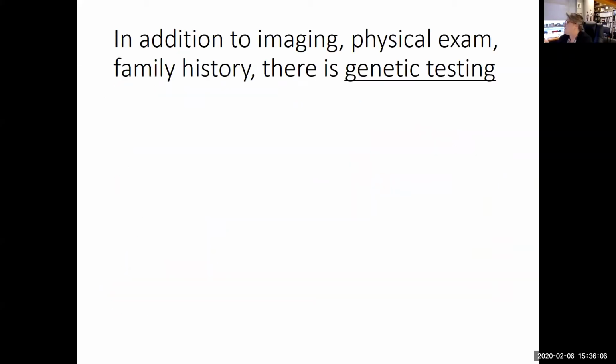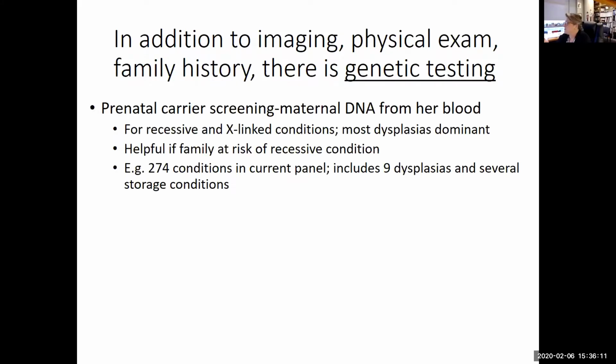And then finally, the last couple of slides about diagnostic workup. So in addition to imaging, physical exam, family history, there is, of course, genetic testing that's available. We're in a very exciting time and place in genetics right now. Prenatal carrier screening has really taken off. However, the important thing to know about this related to skeletal dysplasias is that it's primarily for the recessive conditions and some X-linked conditions.